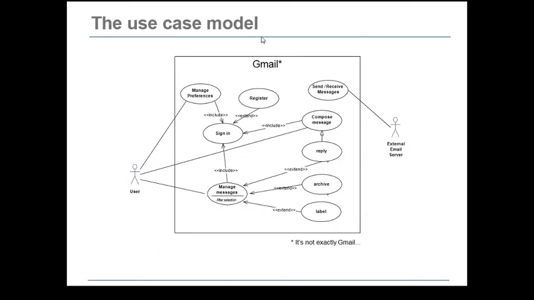Then the use case model. As we will see in this diagram, this is the use case model of the Gmail system, where the user uses the Gmail system. He goes through manage preferences, then signs in, then manages the messages, where messages have label, archive, reply and compose message.